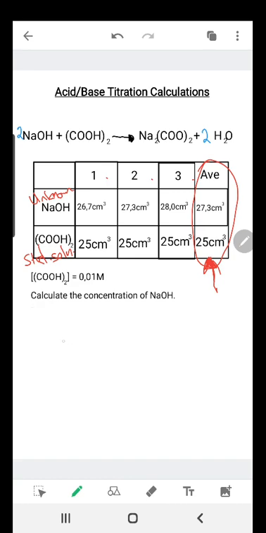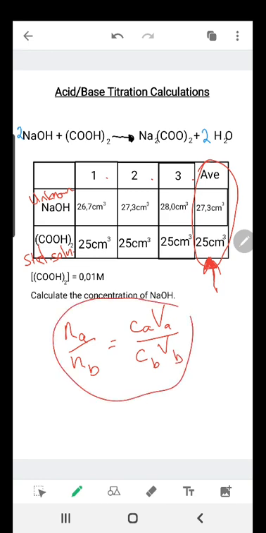So the formula I'm going to make use of: the number of moles of your acid over the number of moles of your base is equal to the concentration of your acid times the volume of your acid, all over the concentration of your base times the volume of your base.